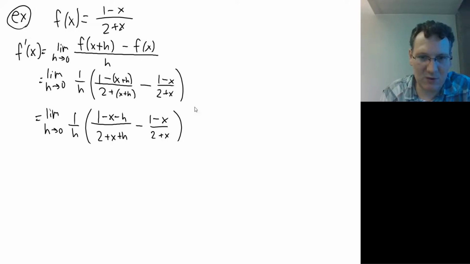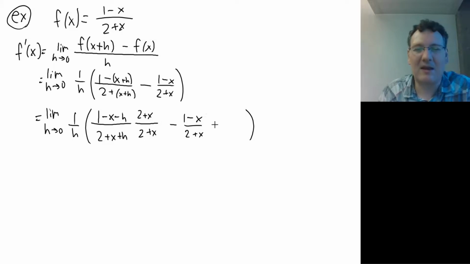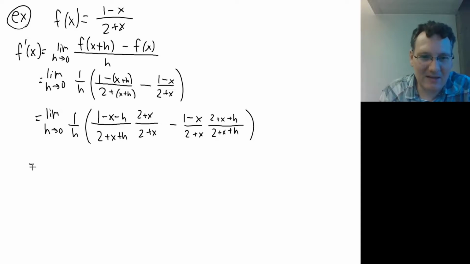I'll take the first fraction and multiply it by 2 plus x over 2 plus x. And the second fraction, I'm going to multiply by 2 plus x plus h over 2 plus x plus h. I have to take the time and work this out and just trust that some things are going to cancel and I'm going to get some h factor on the numerator. That's really what happens for these most of the time.